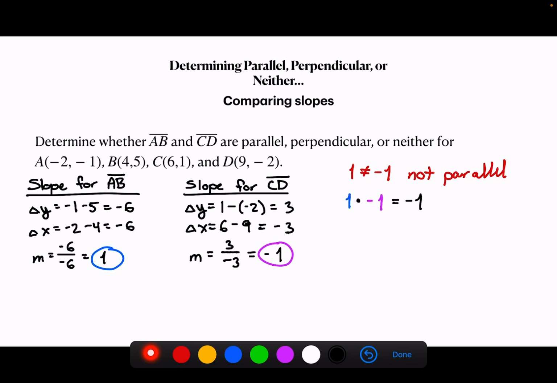And the rule that we said was that if we multiply both our slopes together and we get -1, then they are perpendicular. So therefore, we can say AB is perpendicular to CD.